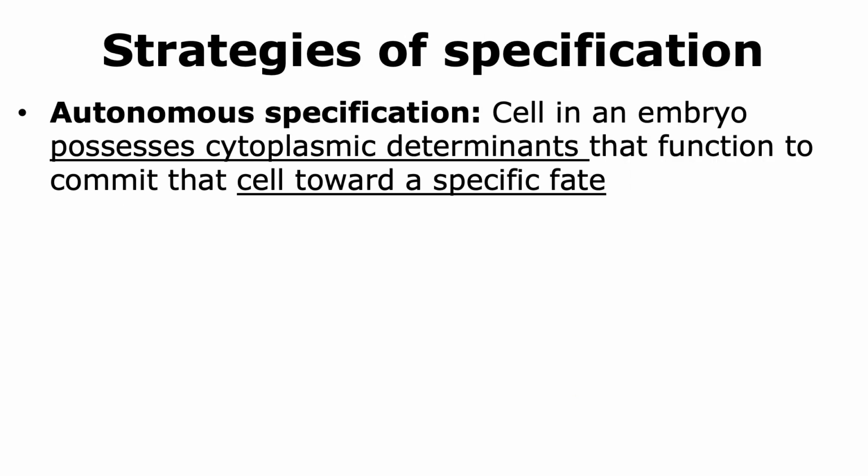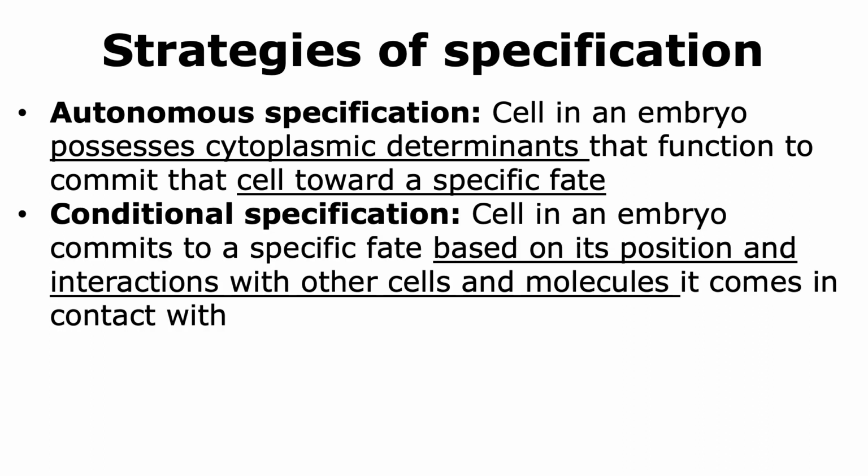There are three main ways by which specification can occur. The first strategy is called autonomous specification. In this scenario, the cell in the embryo has cytoplasmic determinants, which are usually in the form of mRNA and proteins that function to commit the cell towards a specific fate. Another type of specification is called conditional specification. In this case, the cell in the embryo is able to commit to a specific fate based on cues that it gets from its environment.